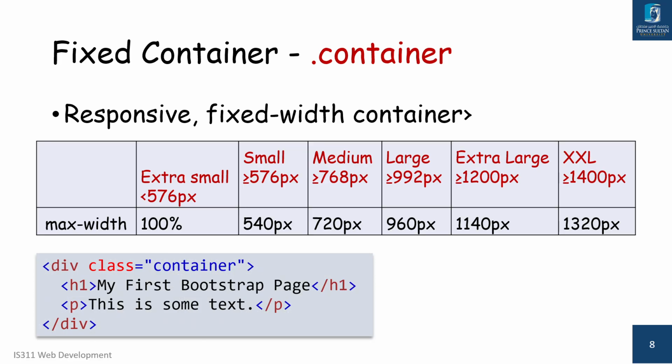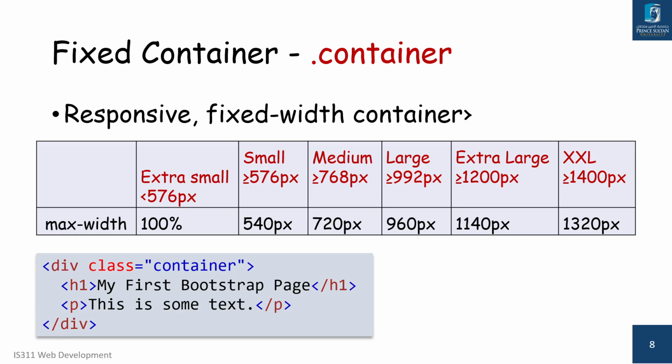Now how can I apply these things? We have a div inside the body. Of course, whatever we are writing is inside the body starting tag and ending tag. Inside the body we write a div, and then we say class is equal to container. So now we are applying all these styles, the size, the background, the margins and the paddings, and everything which has been defined in the bootstrap CSS on this div.